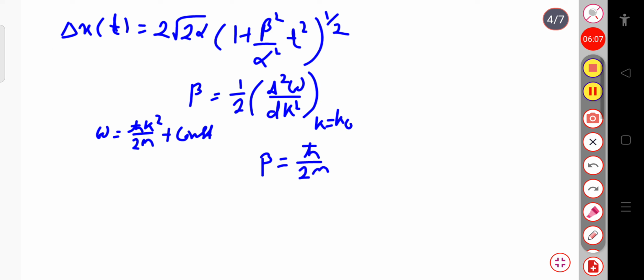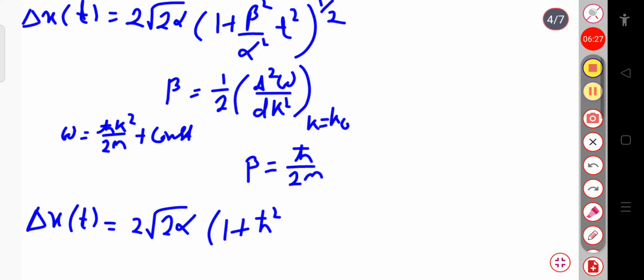If I put this in the delta x term, then delta x at some interval of time t will be equal to 2 into root over 2 alpha, whole into (1 plus h cut square t square divided by 4 alpha square into m square), and this is whole power 1 by 2.